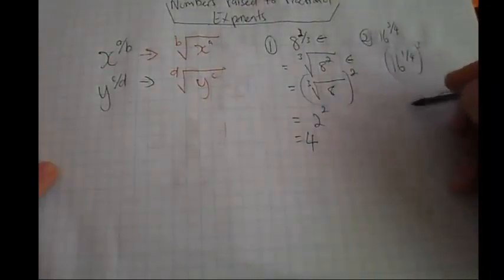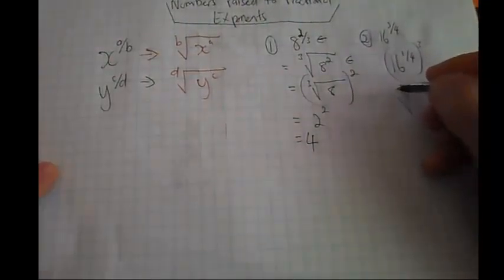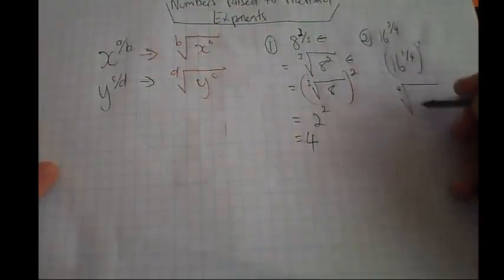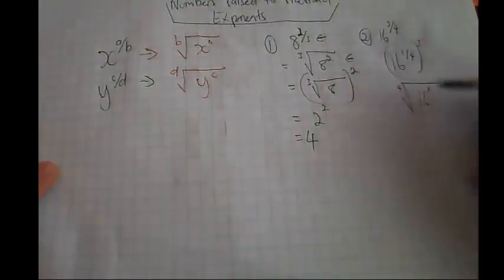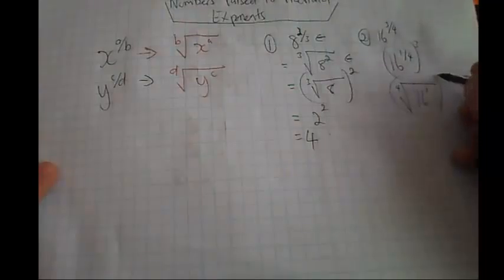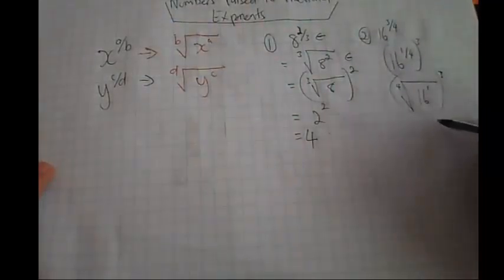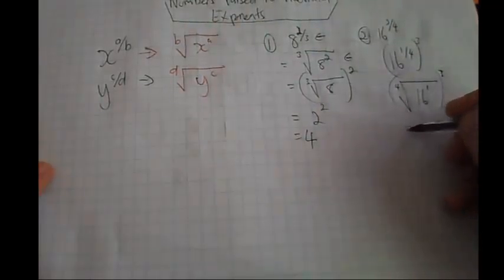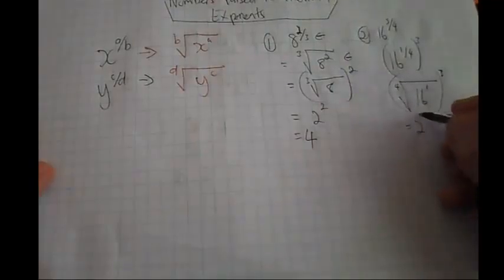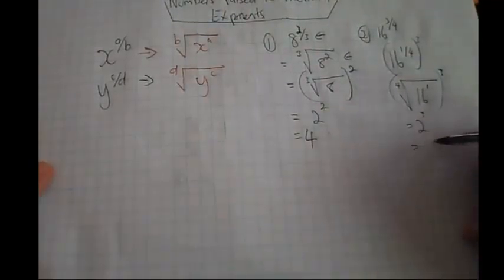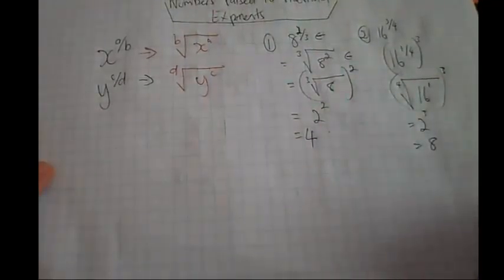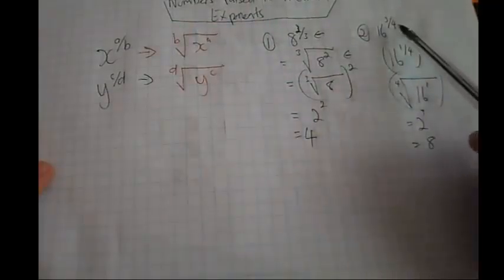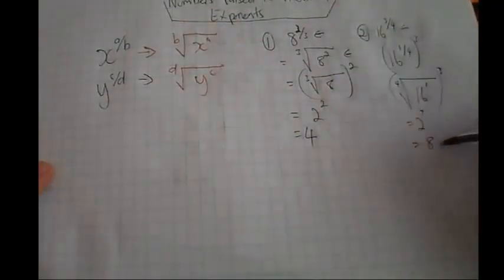And from there we can say the fourth root of 16 to the first power to the power of 3. And then the fourth root of 16 will be 2 to the power of 3, and our answer will be 8.